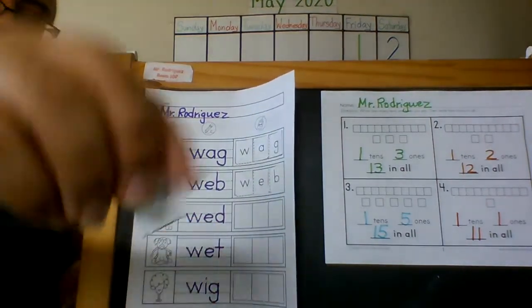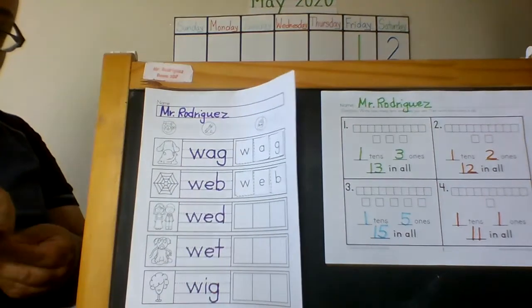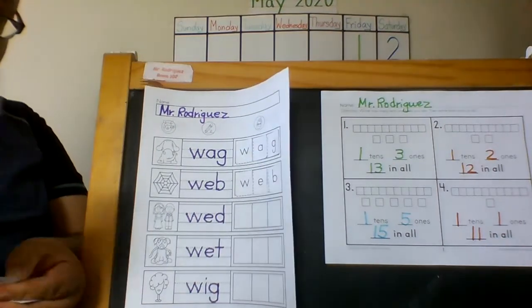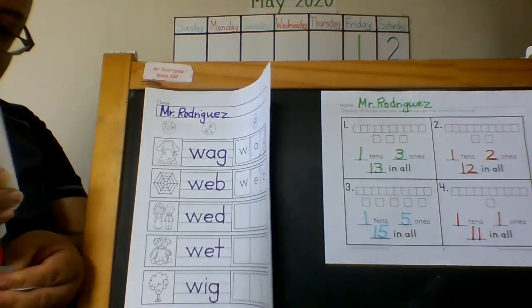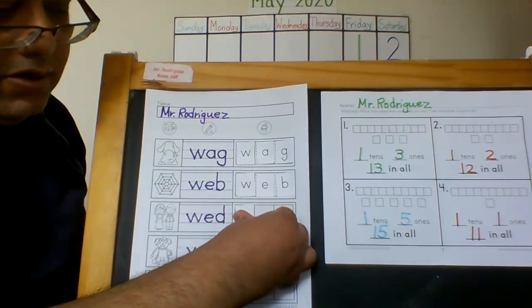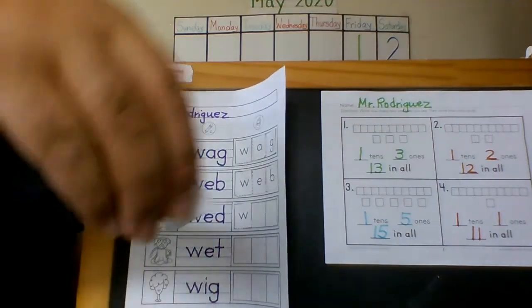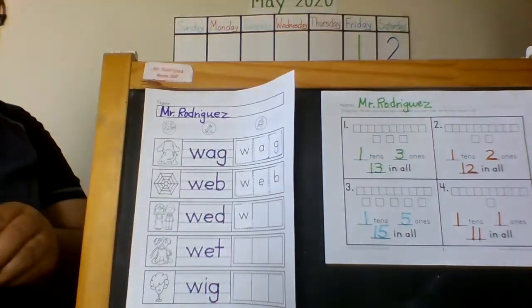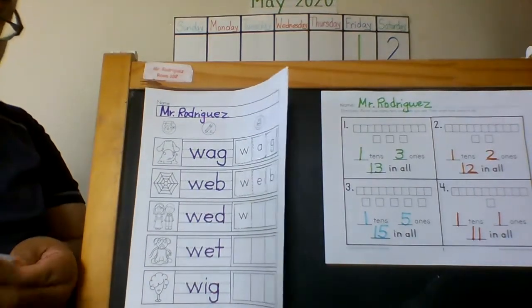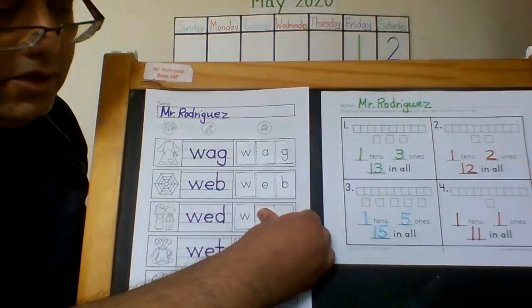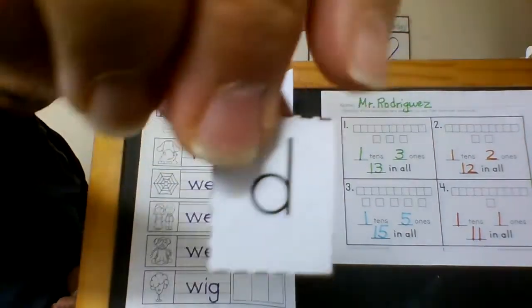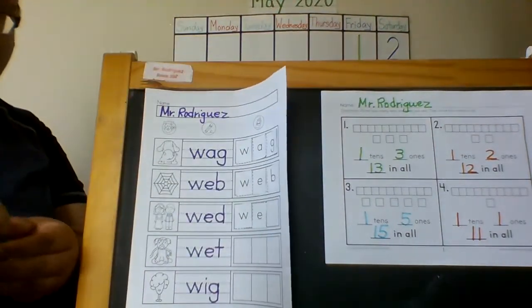So W is the first one. E. And D. D as in dog.